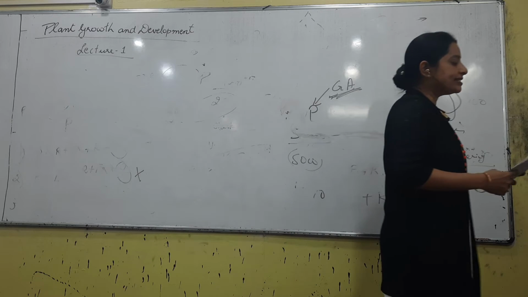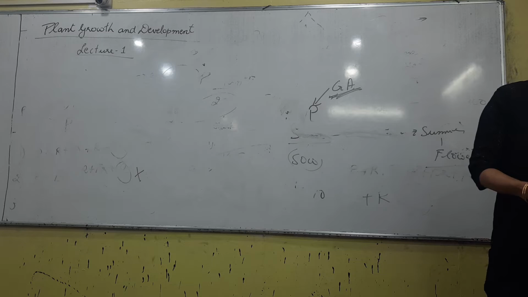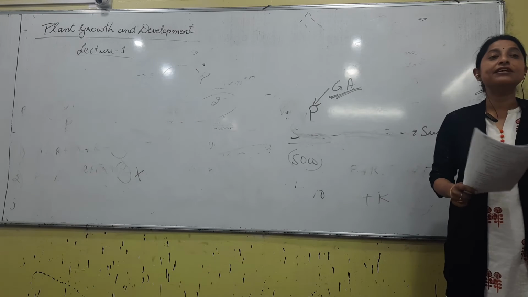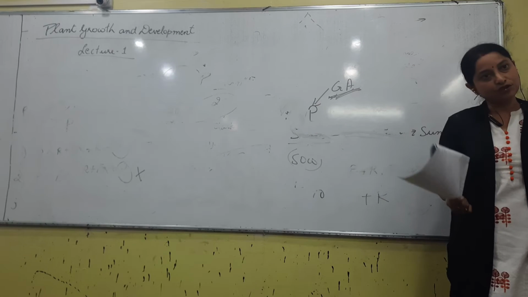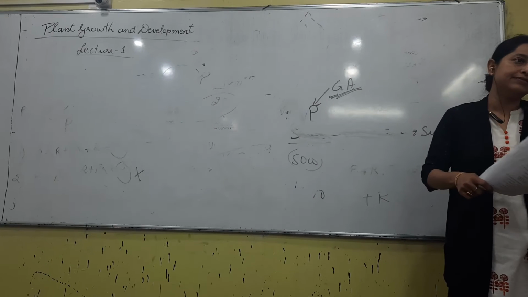Scientists were doing experiments and they could isolate different types of auxins from different types of plants, and they gave different names.